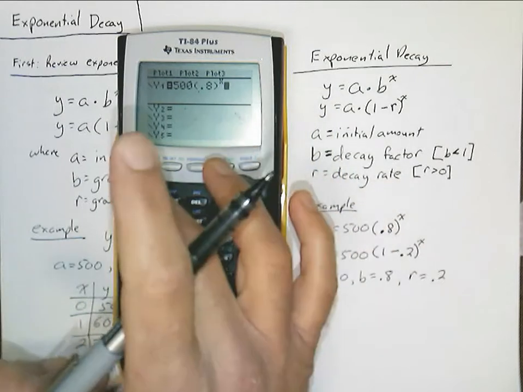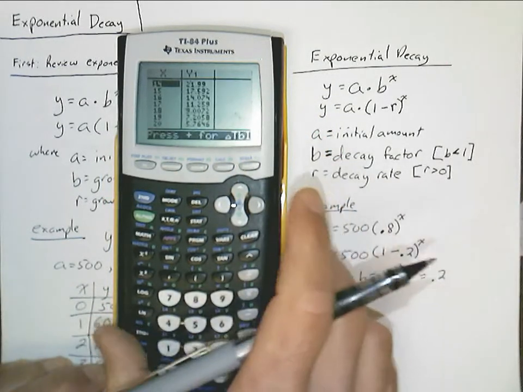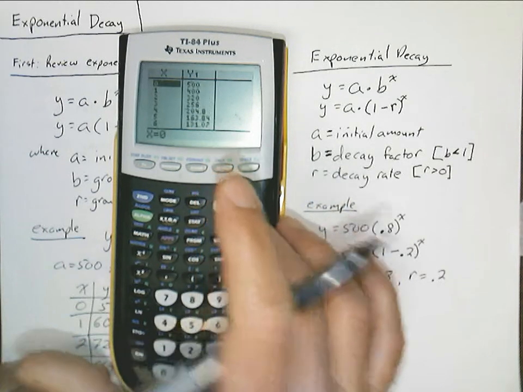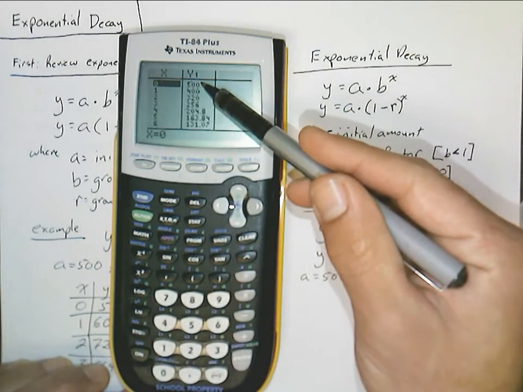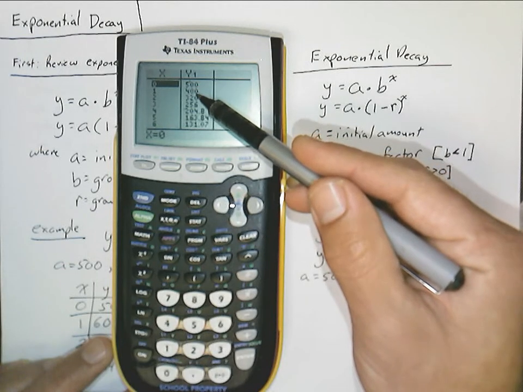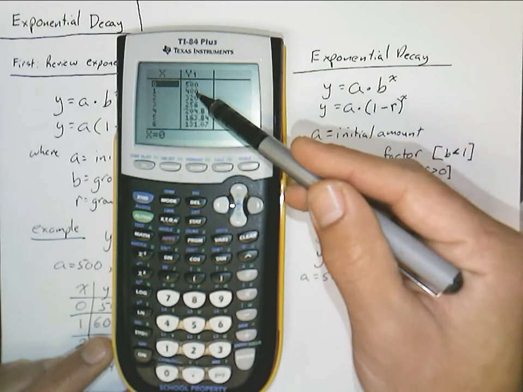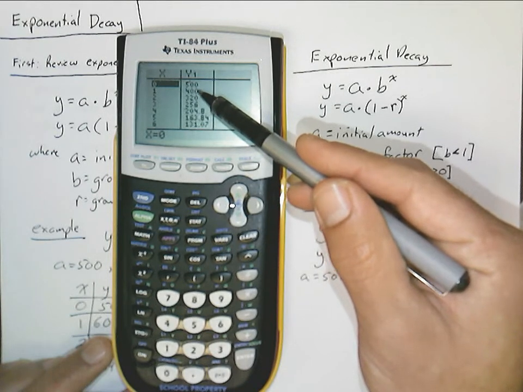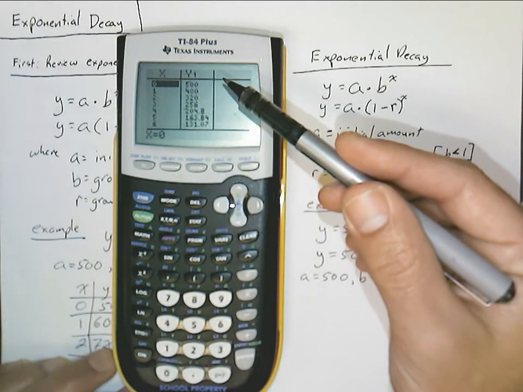Again, we just look at a table first. Going back up to year 0. Start off with 500. After one time period, we've lost 20%, or we've lost 100. We get down to 400. After another time period, we've lost another 20%. 20% of 400 is 80, of course, so it dropped down to 320.